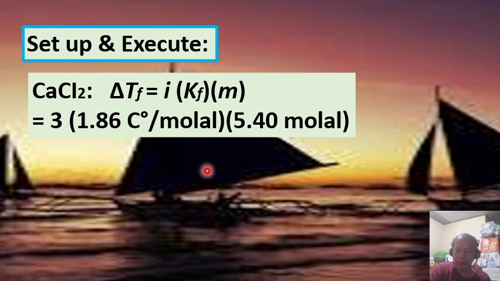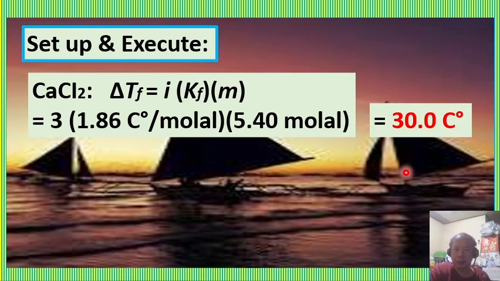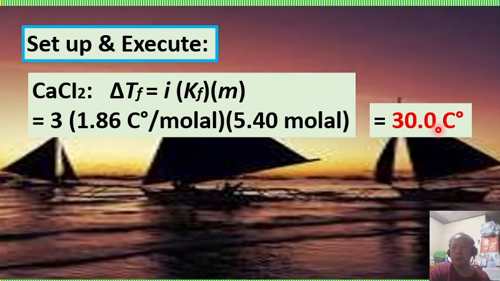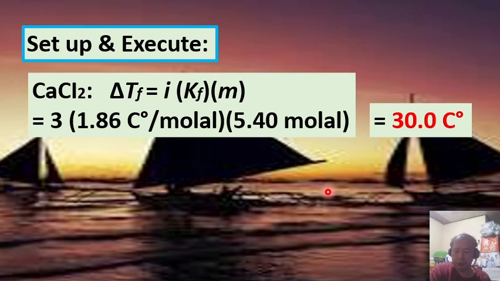So when you do the math, we get the value of delta capital T sub F of calcium chloride equal to 30.0 Celsius degree rounded to 3 significant figures.